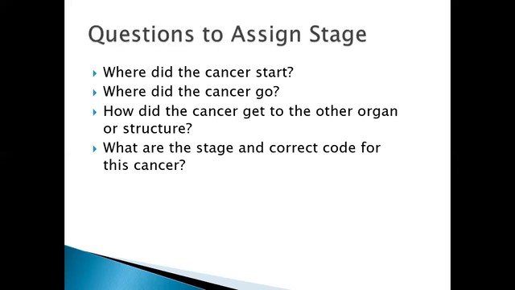And then whatever code that is listed under, that's the stage we assign. If more than one structure or organ is involved, then we want to select the highest category that includes an involved structure. All right, so we always take the most extensive code that the tumor involves.